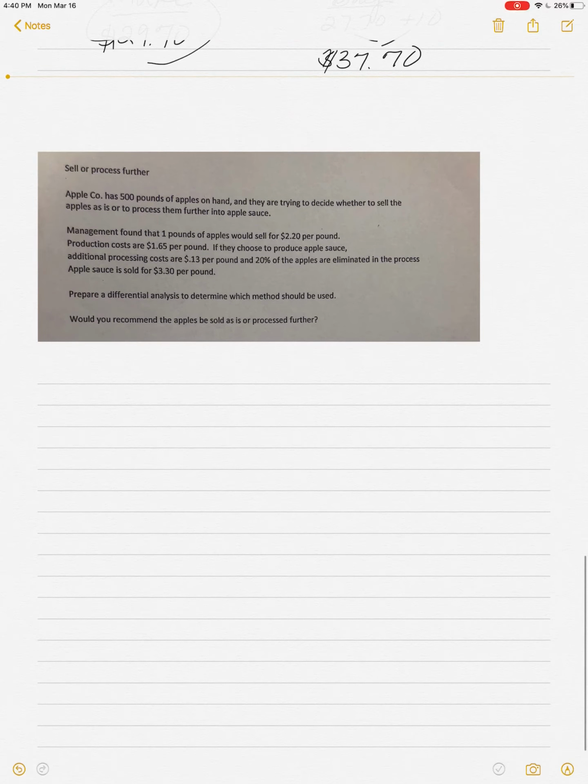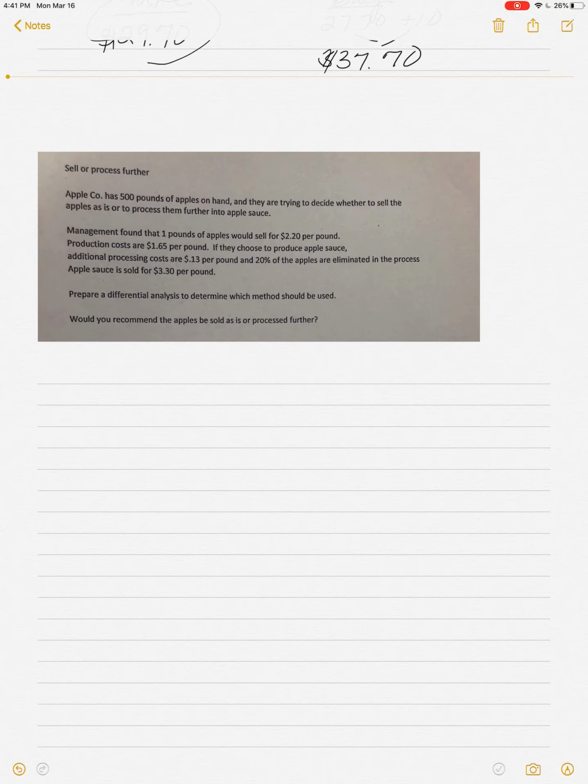And our last concept in this chapter is to sell or process further. What we have to decide here is, in this example, we're talking about apples. Should I just sell them as apples, or should I process them further into applesauce and sell them for a different price?